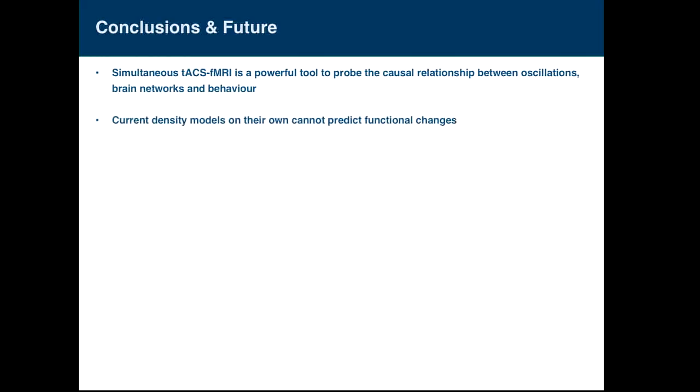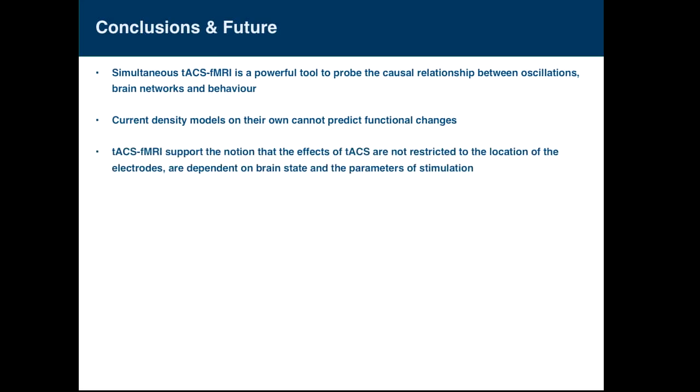Okay, so to very rapidly conclude, I hope I've convinced you that simultaneous tACS and fMRI is a powerful tool to study this causal relationship between oscillations, brain networks, and behavior. One thing to keep in mind, and why it's important to do these techniques together, to apply stimulation while you record brain activity, is that based only on current density models you're not able to predict the impact you have on brain function.